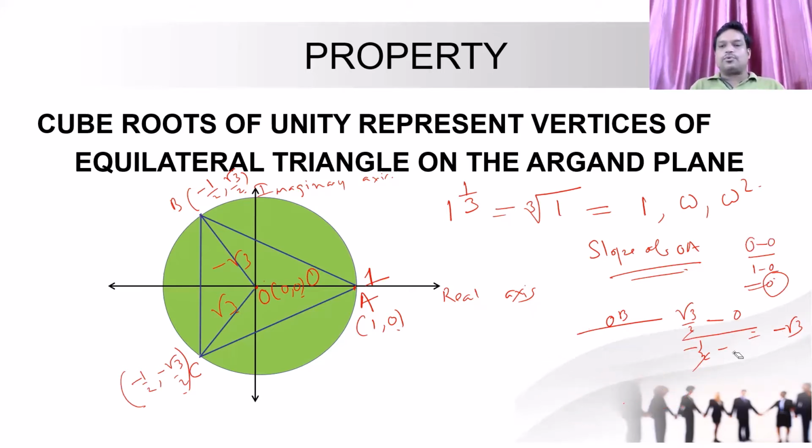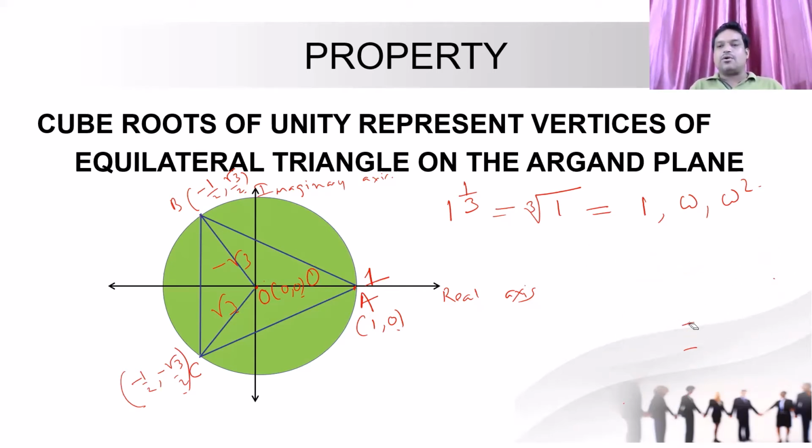In order to prove that ABC is an equilateral triangle, first we want to find this angle value. The angle between OA and OB is theta.